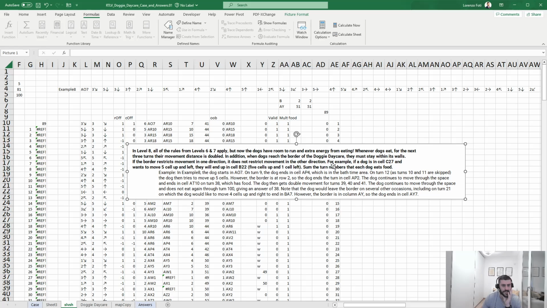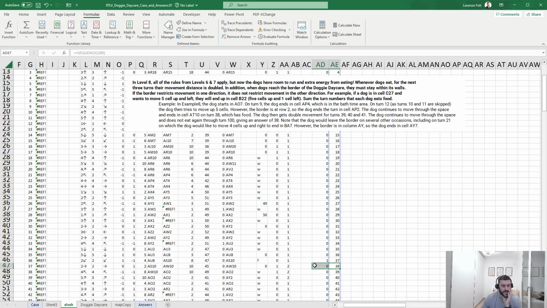It does not restrict movement. The start says, turn on to AP. Turn 12. Dog tries to move up 5 cells. However, the border is a throw. So the dog continues to move through the space, and that's in cell 80 on turn 38.